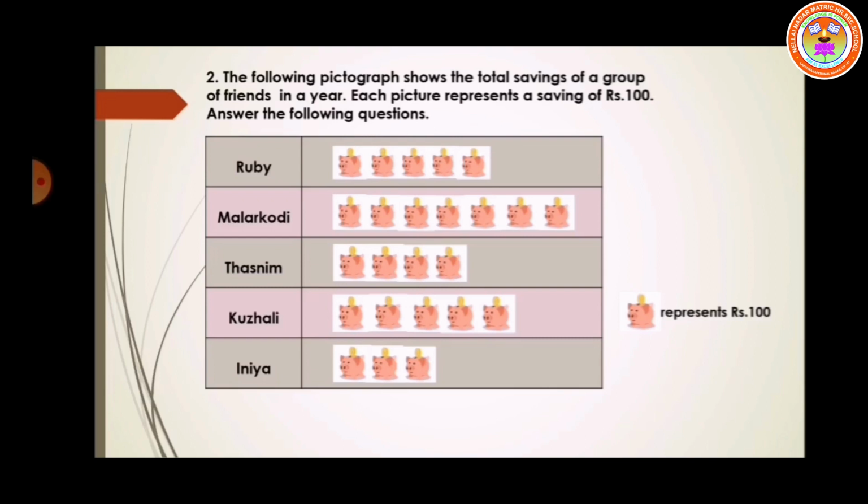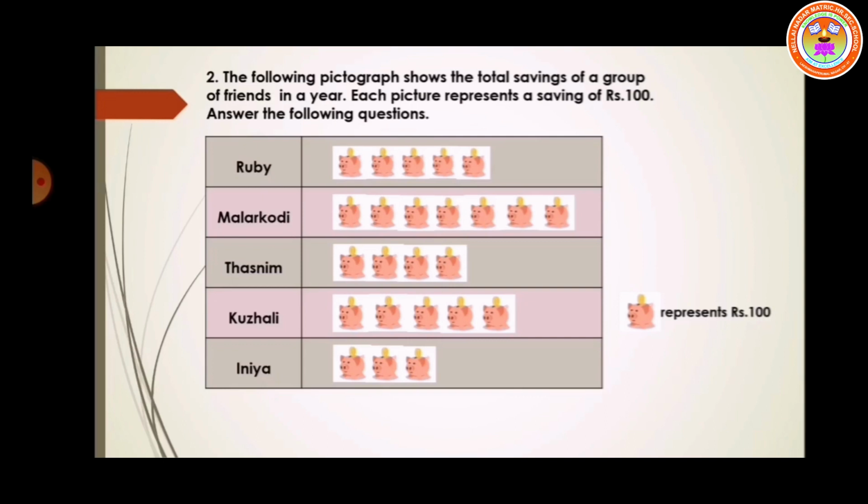The following pictograph shows the total savings of a group of friends in a year. Each picture represents a saving of rupees 100. Answer the following questions. Look at the pictures. Ruby has 5 piggy banks.